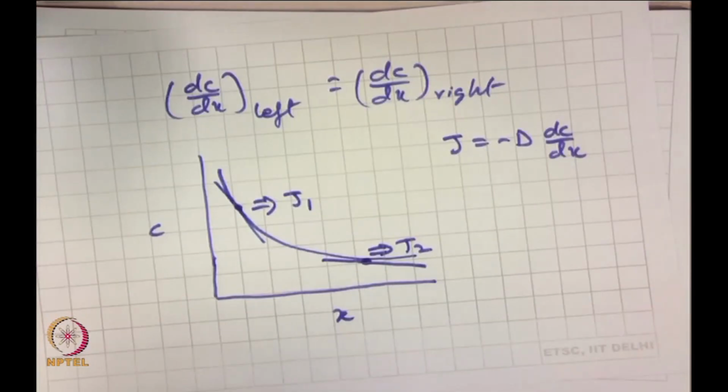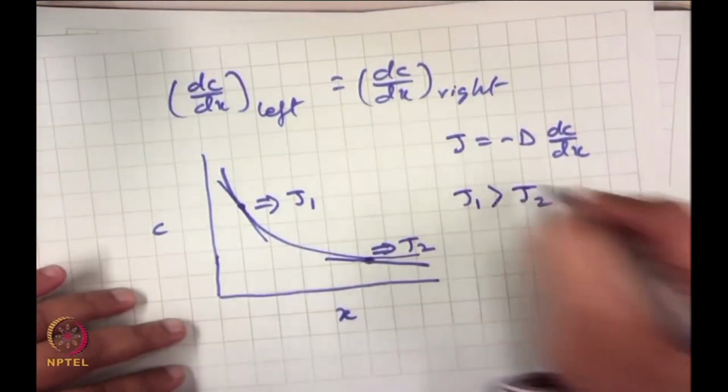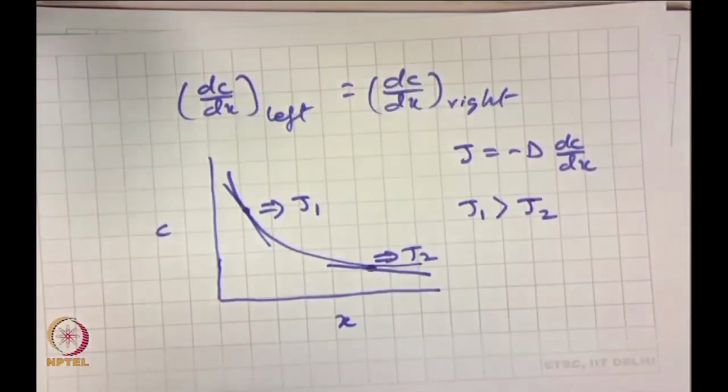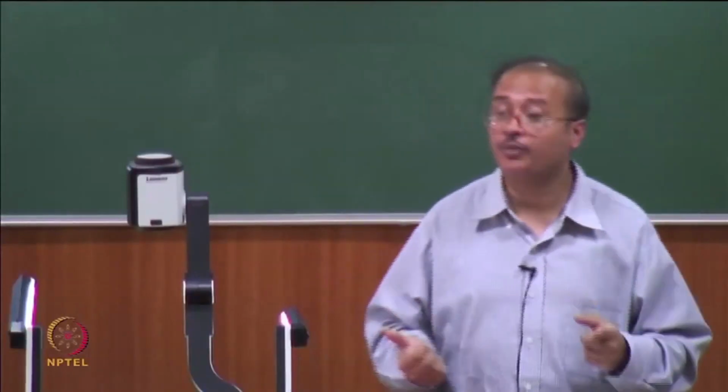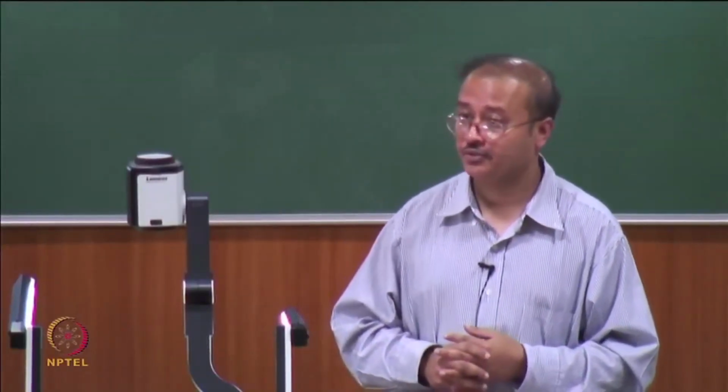In 1, right, because the slope is more, the gradient is much more than in case of 2, right. So, we can write J1 is greater than J2. So, if you would ever try to picture out what a flux is or what it should be, this depends upon the slope of the curve, which is essentially your concentration gradient dC over dx. Okay.